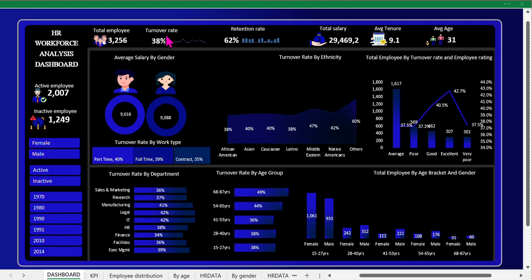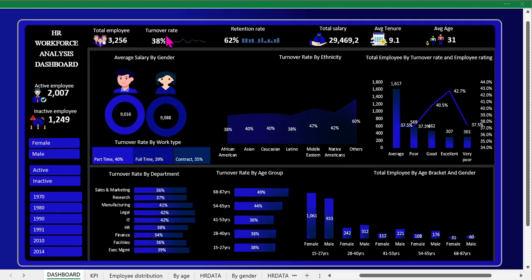So this is not actually okay. This also helps HR to identify departments or roles with retention problems. This can also be used to track the effectiveness of HR policies and workplace culture. Okay, so these are why we try to look into the turnover rate of organizations and analyze it.